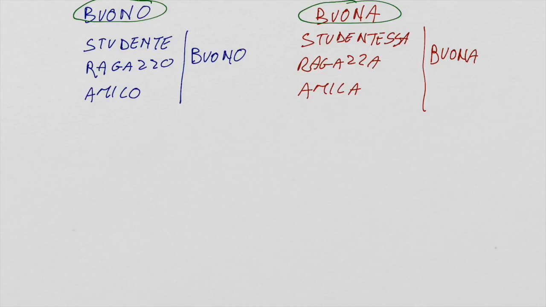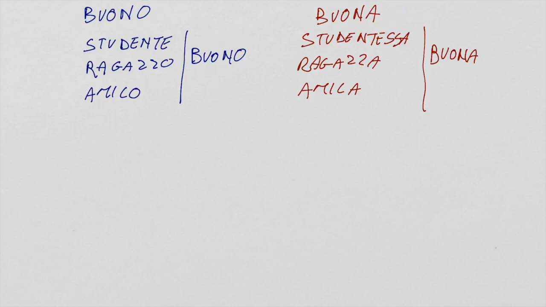Here you're going to learn how not only the meaning, but also the form of the adjectives changes according to the noun. So if I take buono and I want to place buono in front of studente, ragazzo, and amico, I have to keep in mind and pay attention.